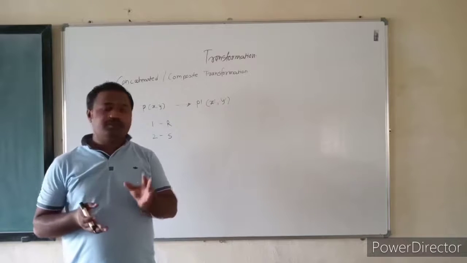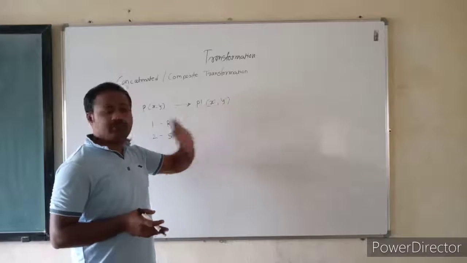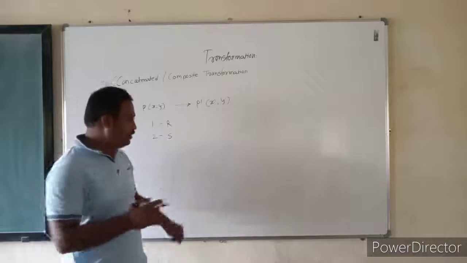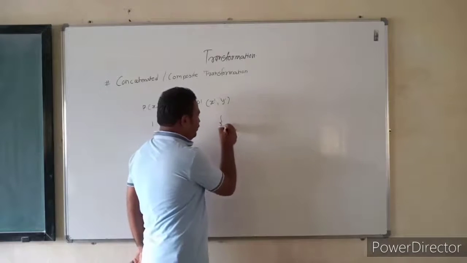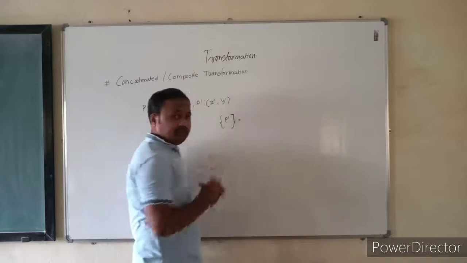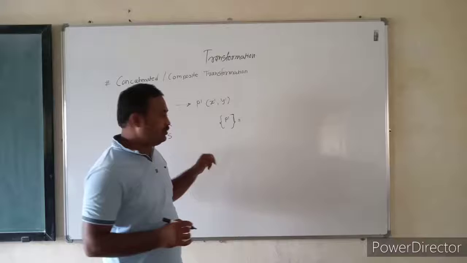Then how can you calculate the new coordinates x dash y dash for point P dash? First is the rotation, second is scaling.